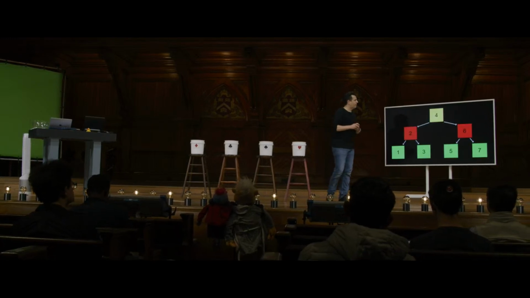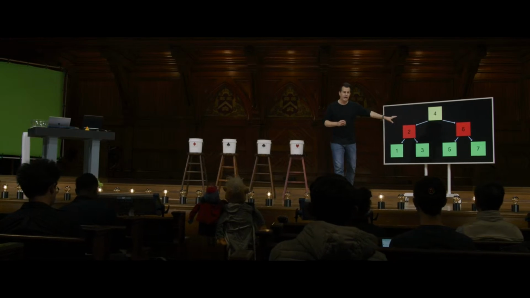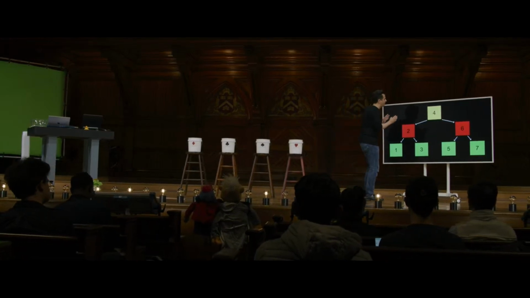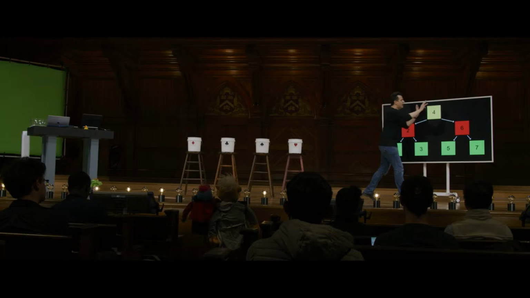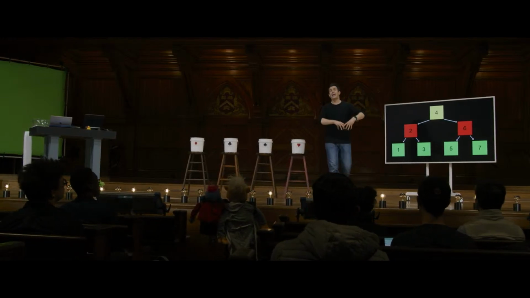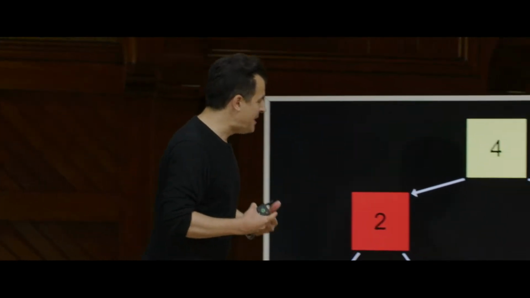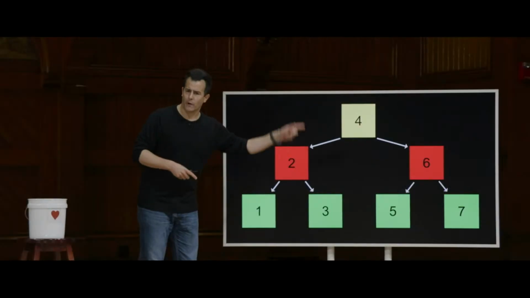And so let's consider pictorially what the running time is of searching for something. If this here is the tree, and it follows that binary search tree definition where everything to the left is smaller, everything to the right is bigger, well, how many steps might it take if you have n nodes in a tree like this? Well, it's not going to take me n steps because I certainly don't have to look through every node.